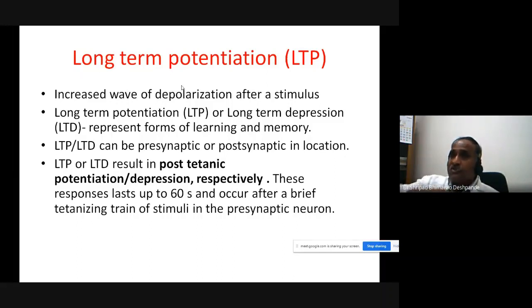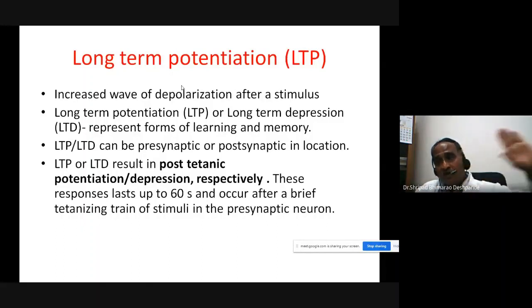Usually it drops down within a few milliseconds to a second. So the postsynaptic potentials are short-lived, whereas in the case of learning, there is a long-term potentiation of this depolarization. Or in the case of inhibition, there is a long-term depression of the potentials.